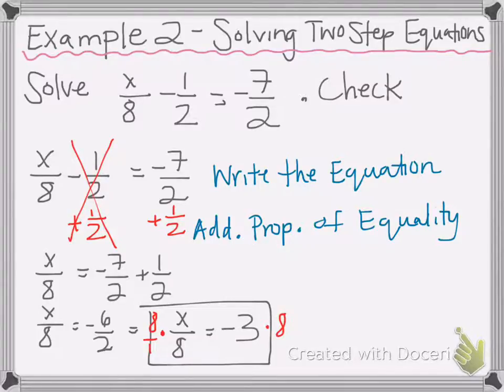I know I kind of ran out of space on my board, so I'm moving left to right now. I'm not doing step by step going down. So let me go ahead and simplify that. These cancel out, leaving me with an x. And then I have equals negative 3 times 8.